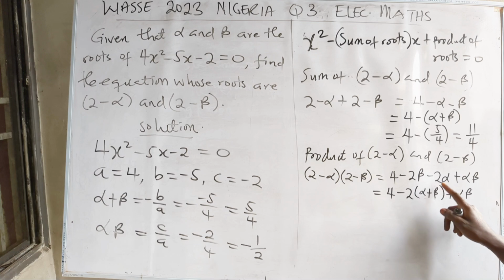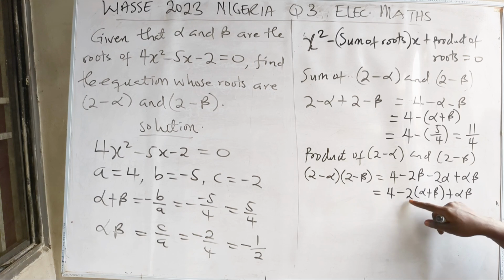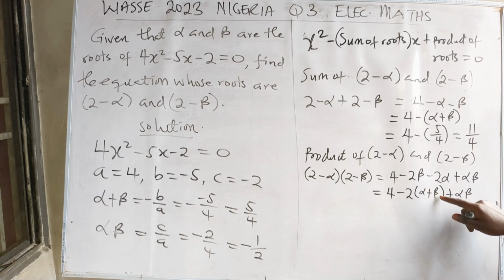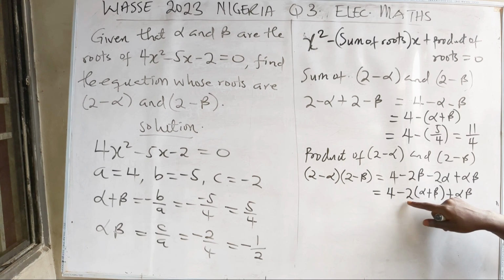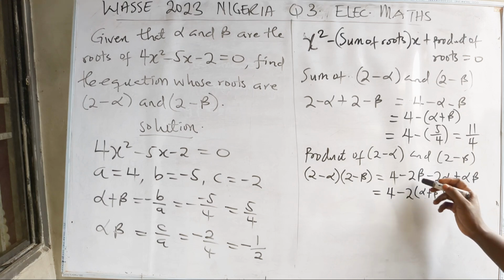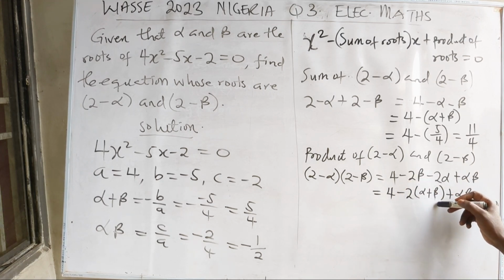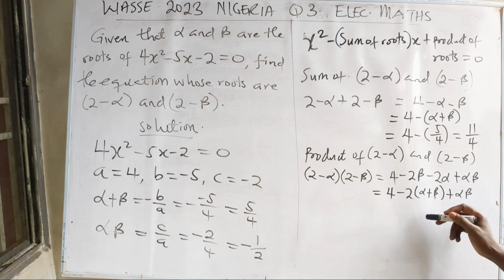When I factorize, whatever I put in the bracket should become plus. See, if I expand, I'll get the same thing: 4 minus 2 times alpha gives minus 2 alpha, minus 2 times beta gives minus 2 beta, plus alpha beta. So you have to factorize the negative 2 out, and then put the rest in a bracket: beta plus alpha, which is the same as alpha plus beta.